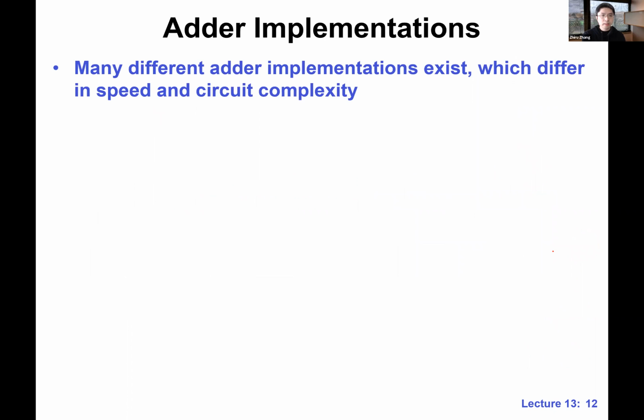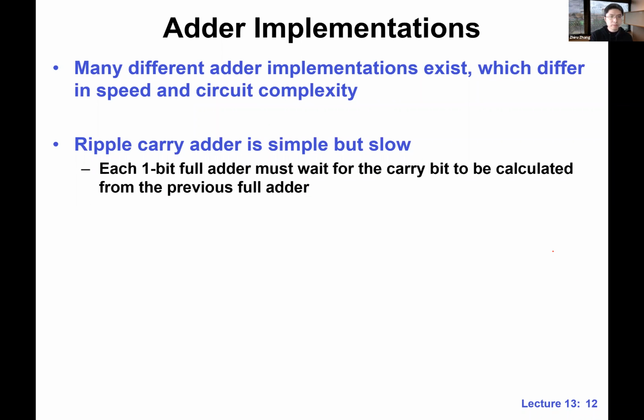Actually, this RCA is just one of the many different kinds of adders that we can have. One thing I want to briefly mention is that there are many different implementations of adders that make trade-offs between performance, which is delay, and circuit complexity, which is area and power. The RCA that we just looked at is the simplest kind of adder.